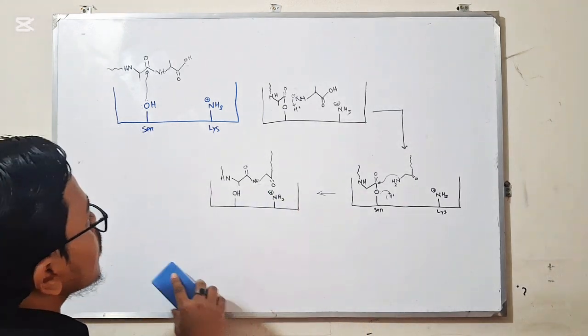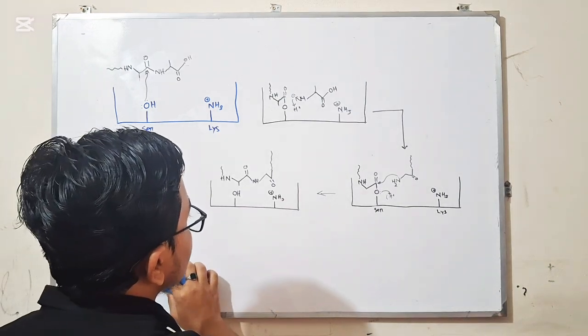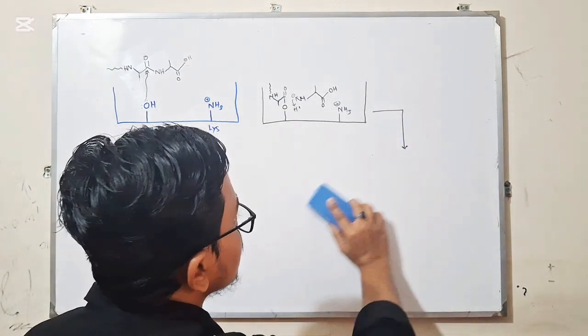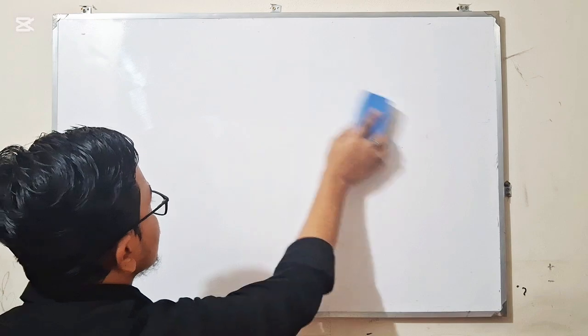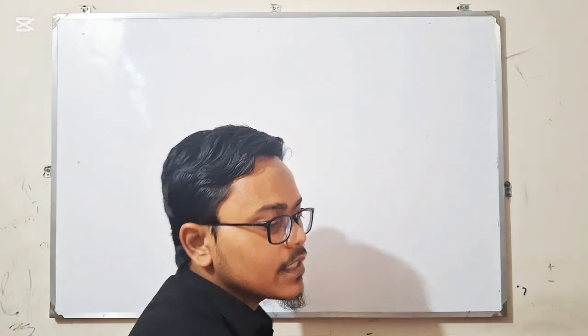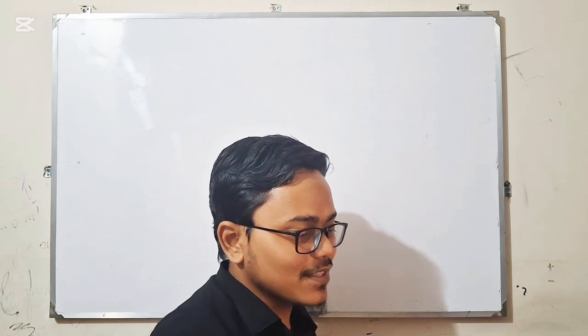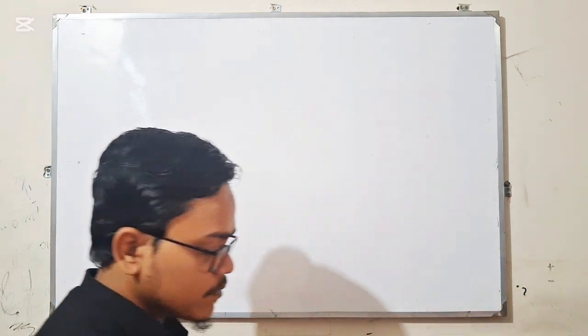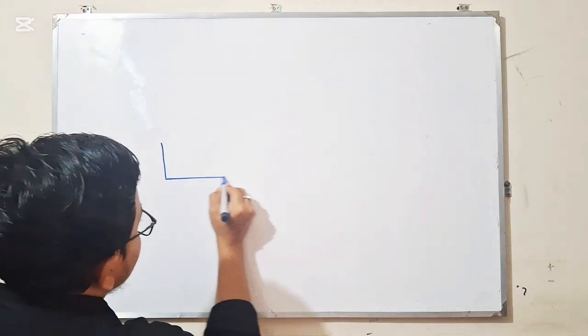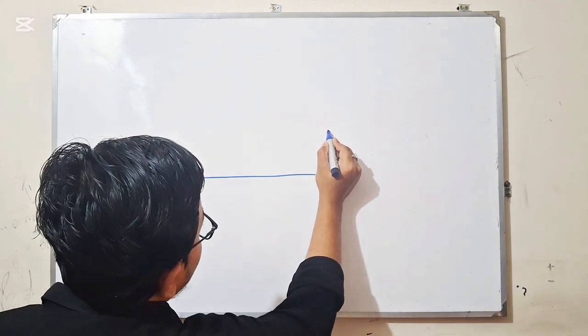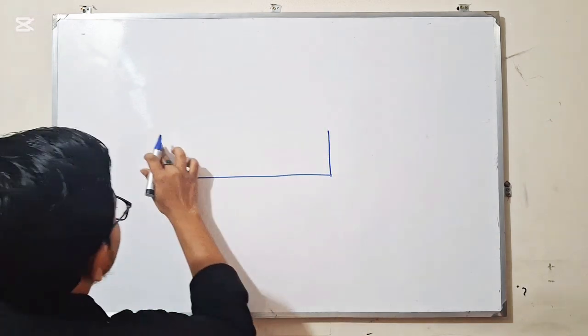Okay, let's know about the now very super interesting part. Let's get started. The super interesting part, how penicillin blocks the transpeptidase enzyme. Okay, basically I'm drawing this transpeptidase enzyme.